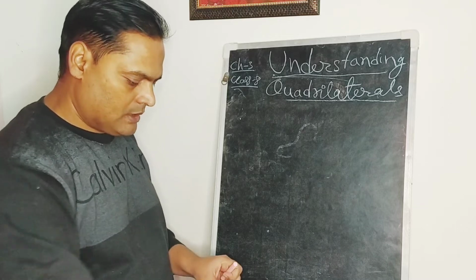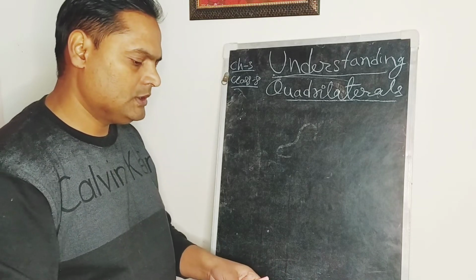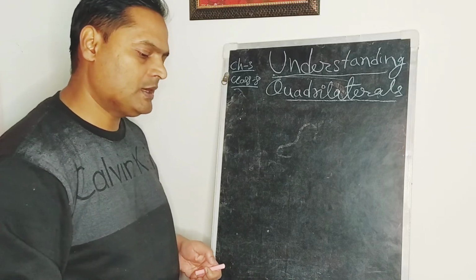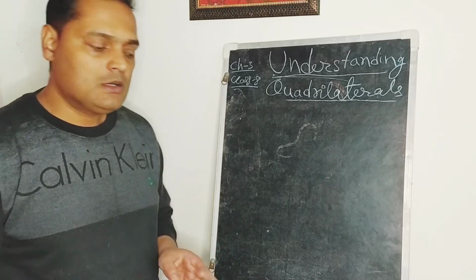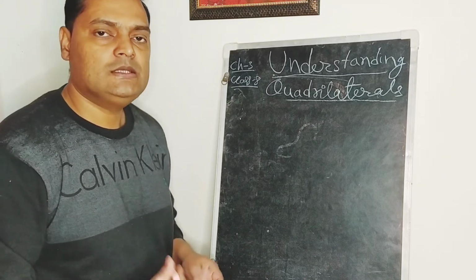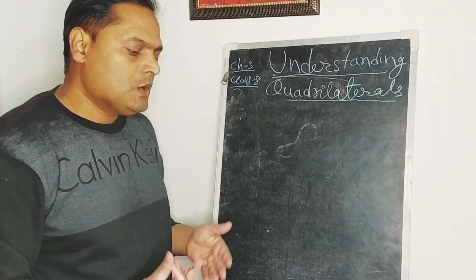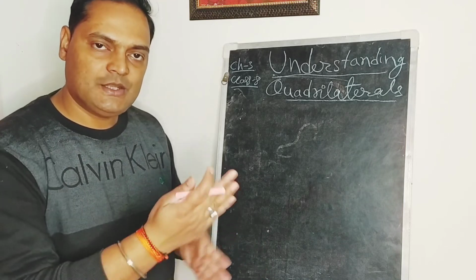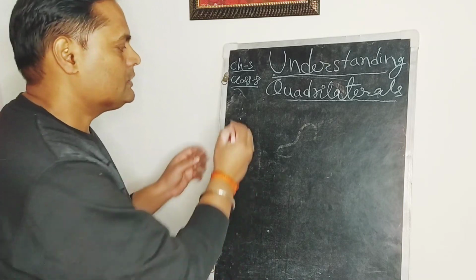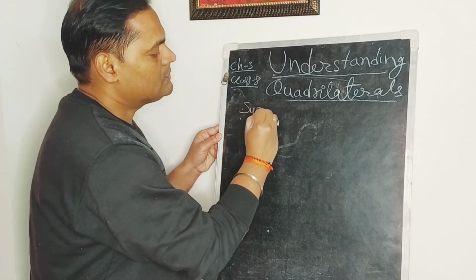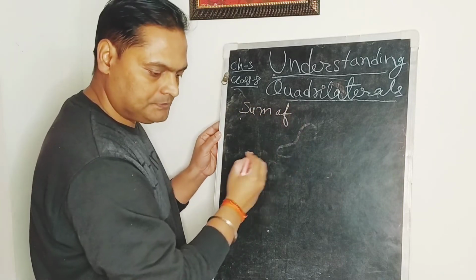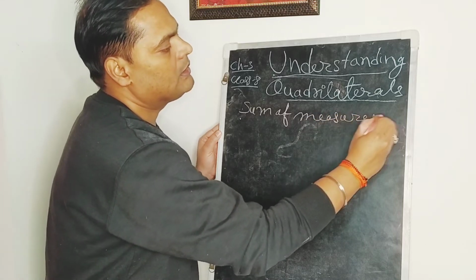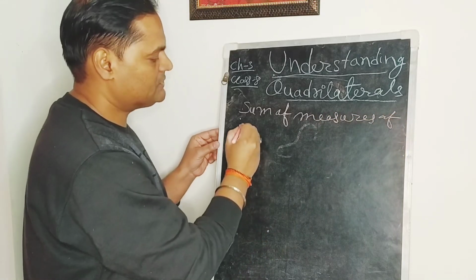So let's see some more examples from the next topic, that is the sum of the measures of exterior angles of a polygon. We learned how to find the interior angles of a polygon. Now we are here to learn how to find the exterior angles of a polygon.